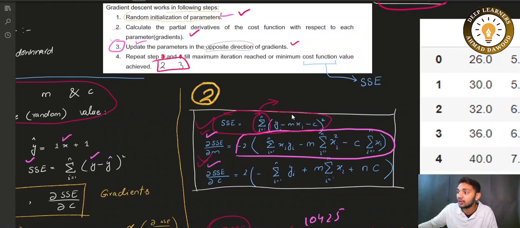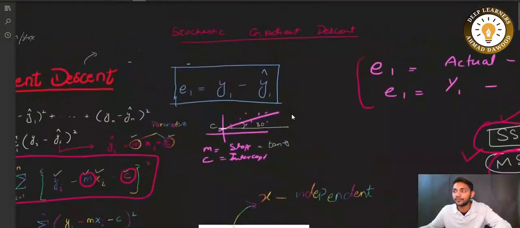Here we are using all the data, like you will see that we are summing up all the errors, we are summing all the data points. Here you can see there is sigma involved. But stochastic gradient descent, usually called SGD, tells us to just use one sample in each iteration. So this is SGD.